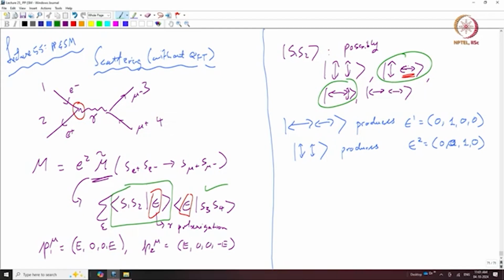Now, to get that bit, this inner product, we have to consider the final state momenta first. And from there, you can think about the final state helicities and think of the final state polarizations. Right? So, let's now draw this process in real space. This is not a Feynman diagram now.